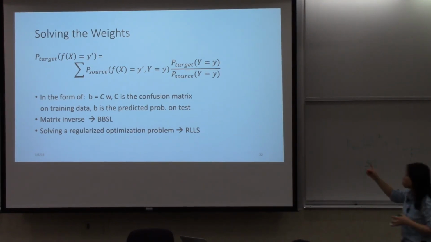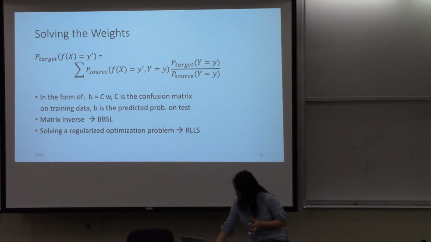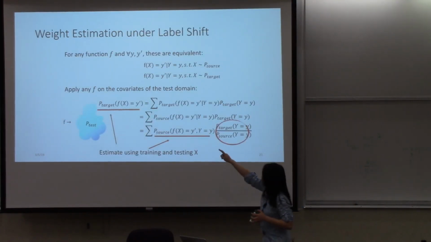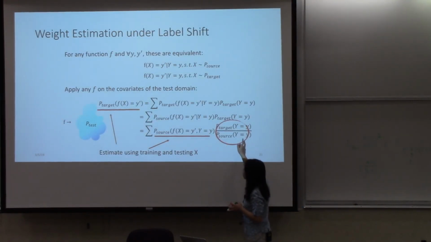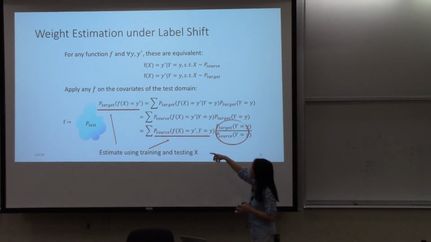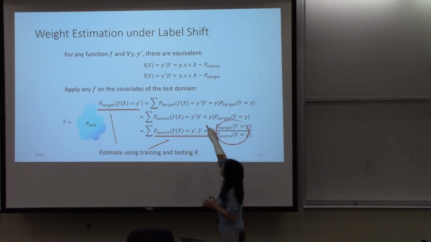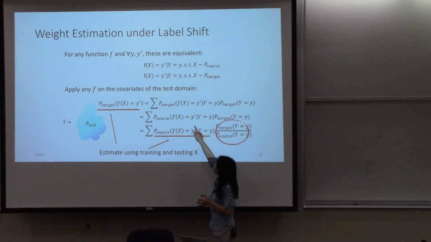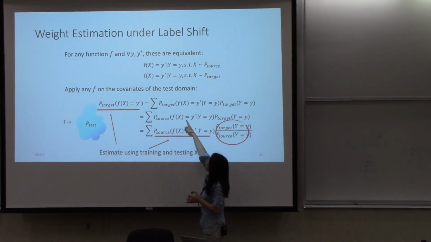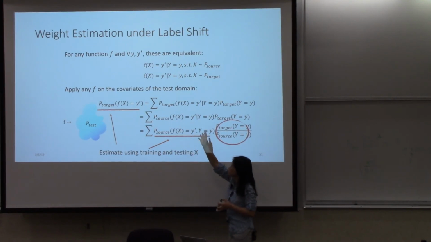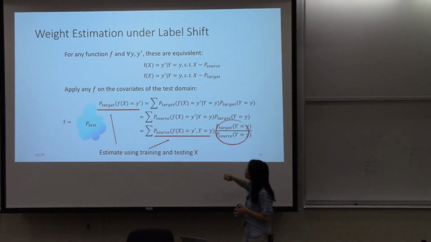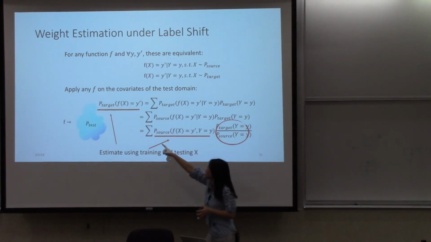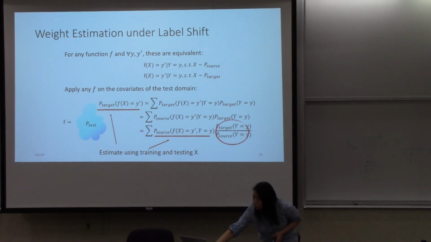This equation was derived in the previous slides. It's exactly the same thing as the last line here. The way we derive it is you first write that out and then replace this from target to source, because this is true when you apply the same predictor to source and target data. Then this is the B and this is the C in our later slides.